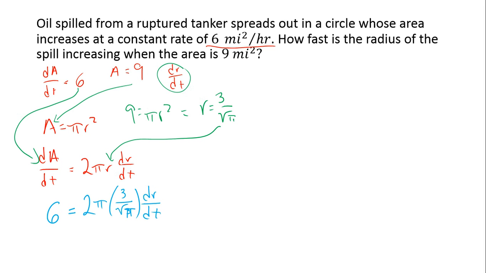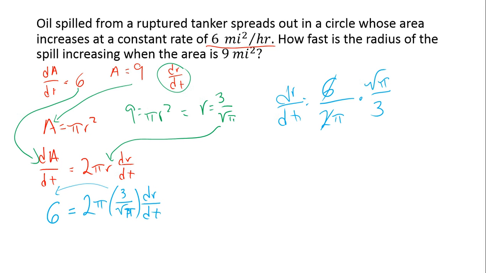And now we want to solve for dr over dt, so we divide this stuff onto the other side. That would get us dr over dt is equal to 6 divided by 2 pi times the reciprocal of that, which would be the square root of pi over 3.